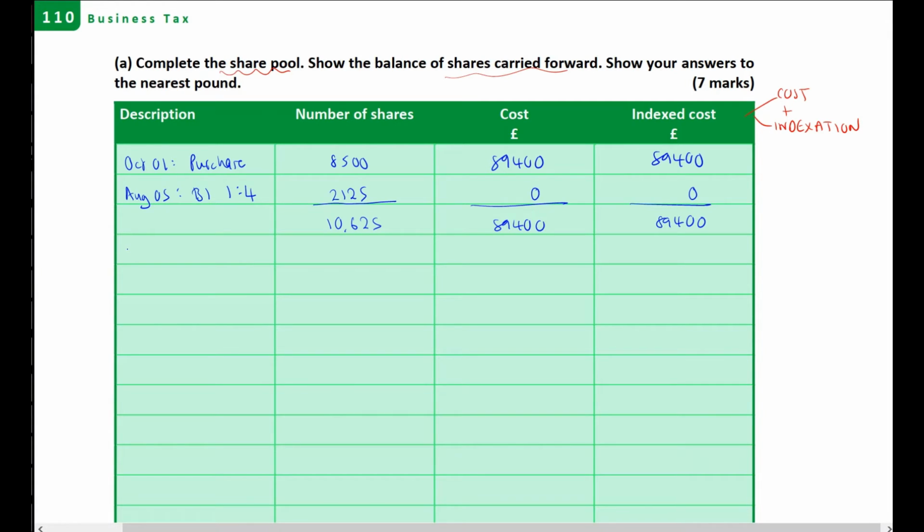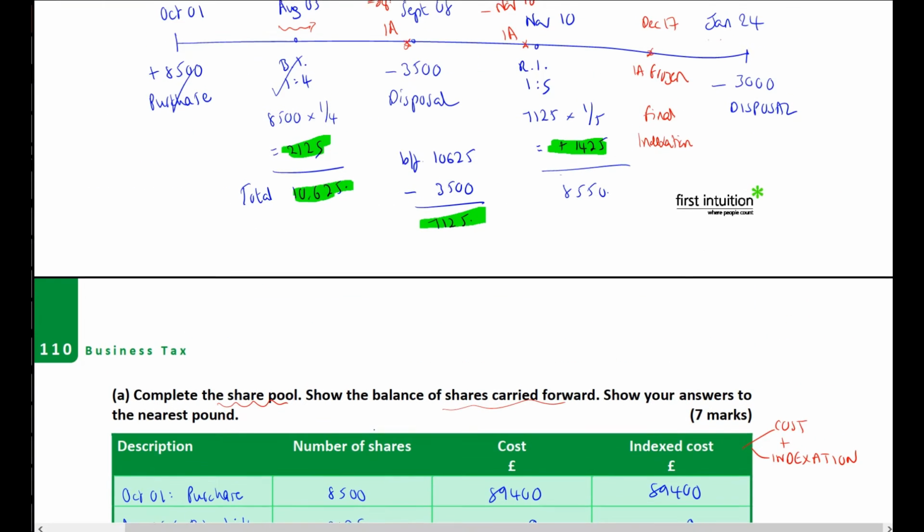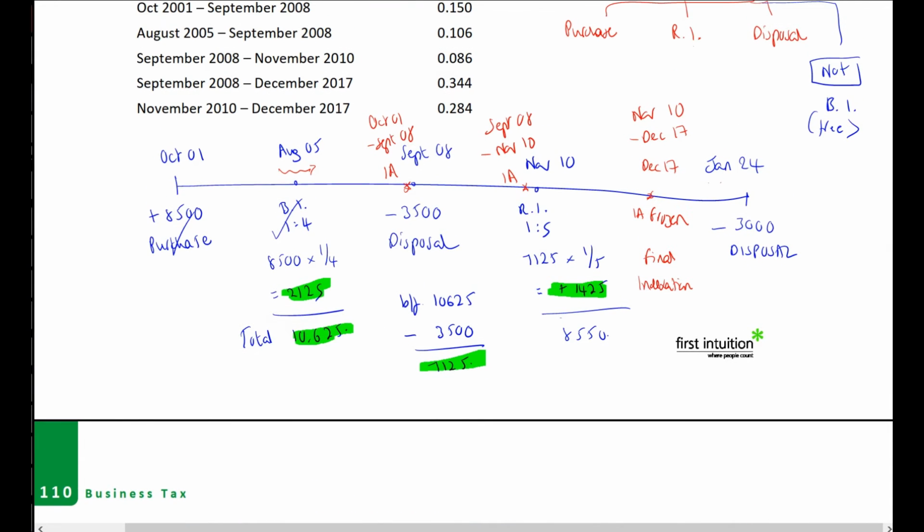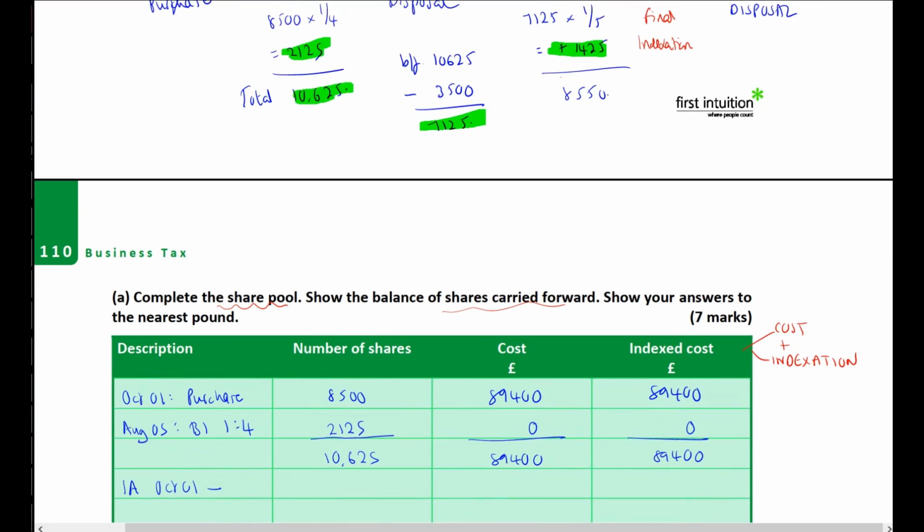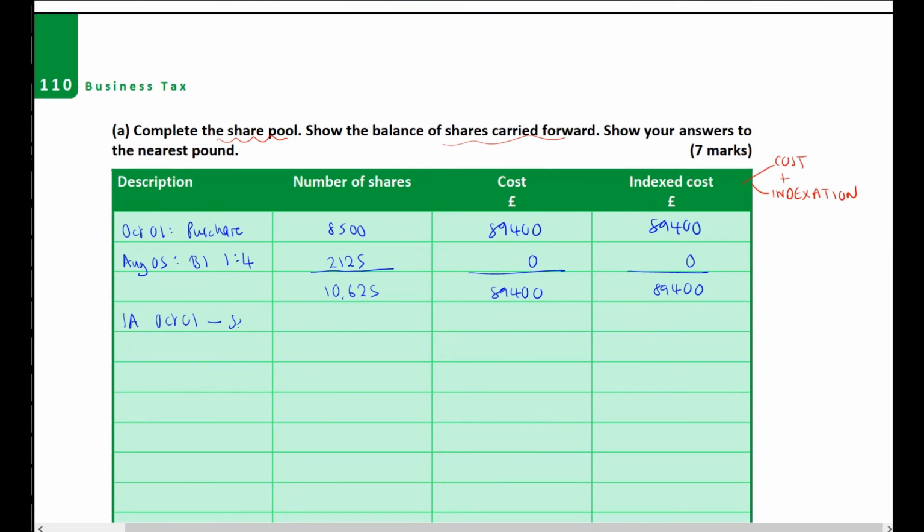So I'm going to do some indexation, and I'm actually going to include it in my indexing where it goes from and to. So from October 01, let's just check what we said. October 01, skipping past August 05 like it's not there, right through to September 08. And the reason I want to do that is because I want to show the examiner what my reasoning is, what my calculation is.